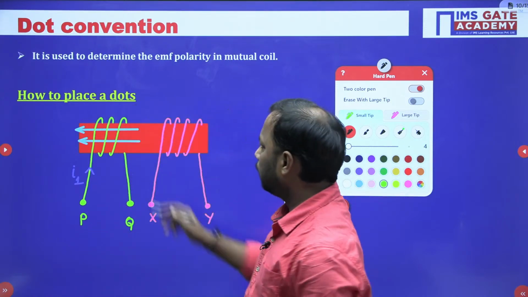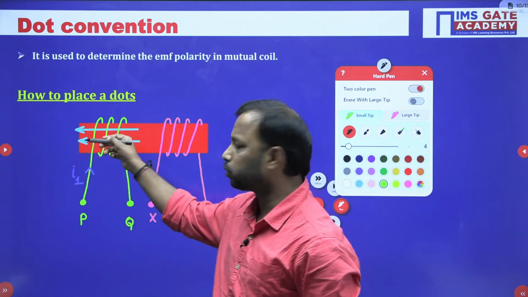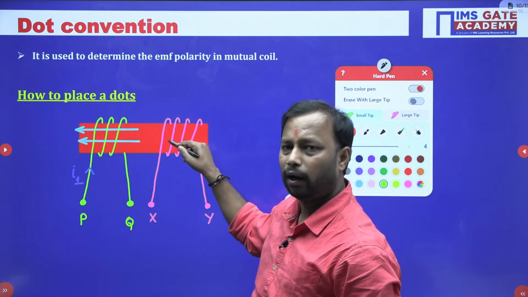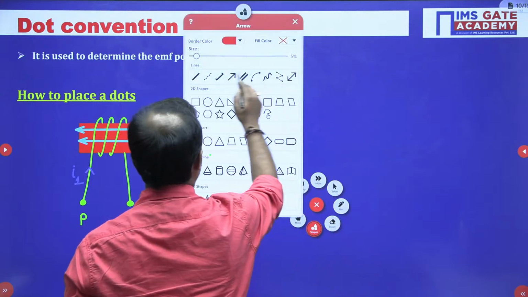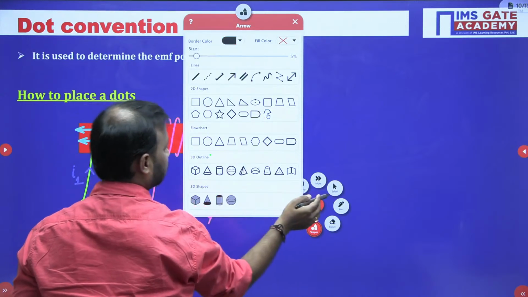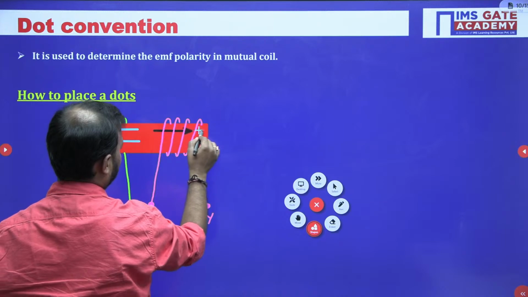Here the flux of this coil is towards the left hand side. So to oppose it, what should be the flux direction of the second coil? It will be towards right. Yes or no? It will be towards right. So this is your flux direction.